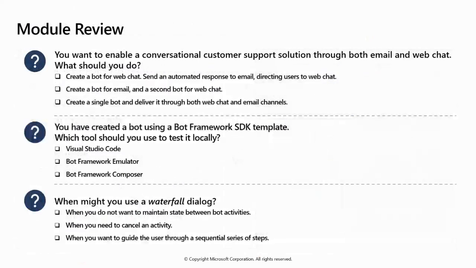Okay, so let's see our module review. You want to enable a conversational customer support solution through both email and web chat. What should you do? I will give you a couple of seconds here, guys, and please answer to yourself, or if you want, we can use the Q&A section.